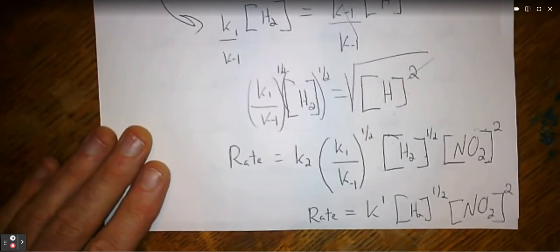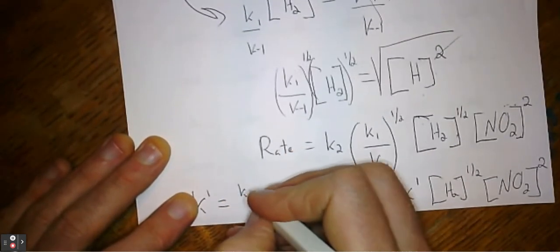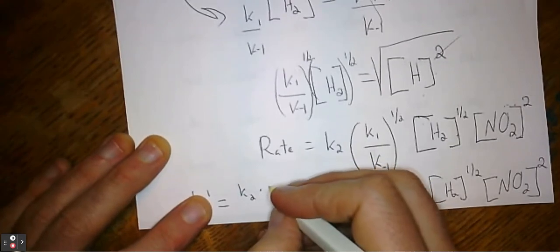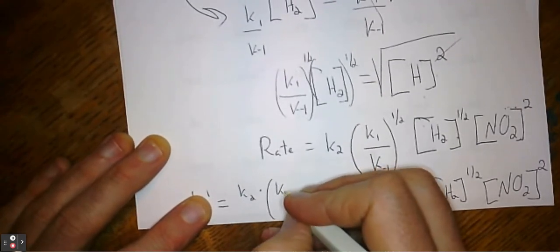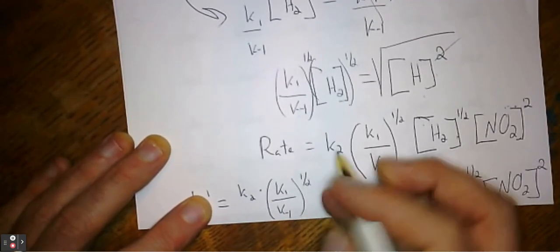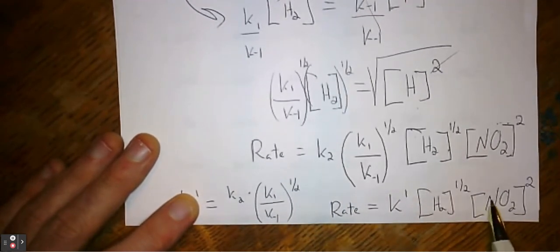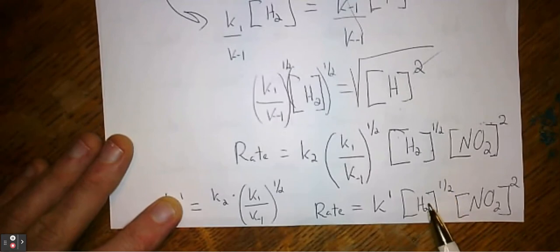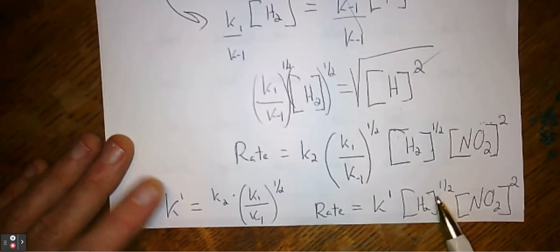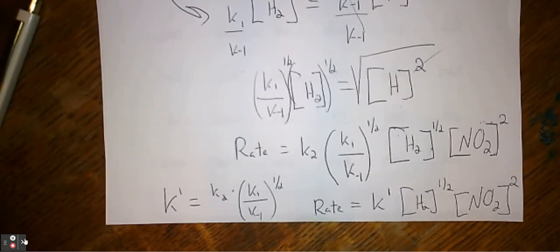I kind of ran out of room, but this observed rate constant would be K2 times the square root of K1 divided by K inverse. All right. But that's my rate constant. And remember, this half means if I quadruple the concentration, that would only double the rate. It's not quite order one, but halfway there. All right. Hope this has been helpful.